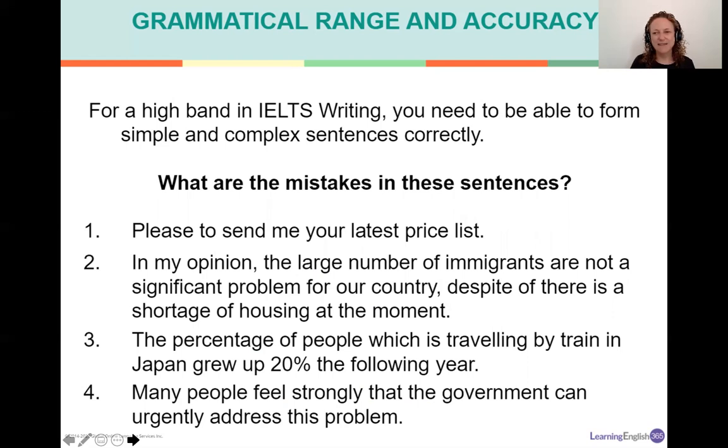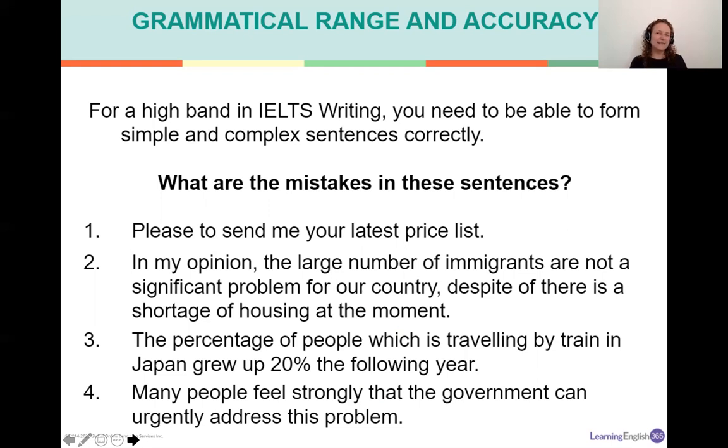It wants to see a range of sentence structures, tenses, verb uses, but you need to be able to do it correctly. So if you know that grammar is one of your weaknesses, then you need to start looking at it much more closely now.